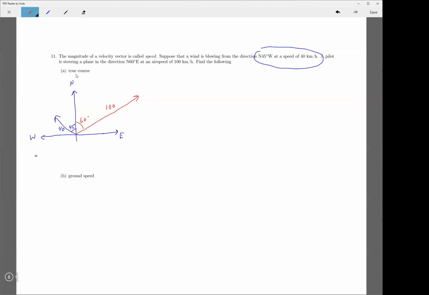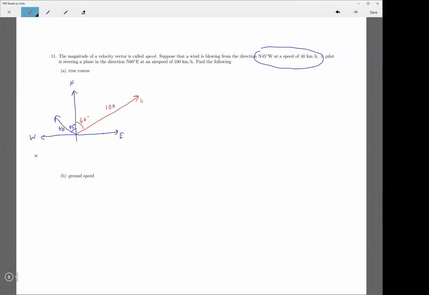Okay, so we're supposed to find the true course and the ground speed. The true course is the direction that the plane is actually moving, and the ground speed is the speed relative to the ground that the plane is moving.